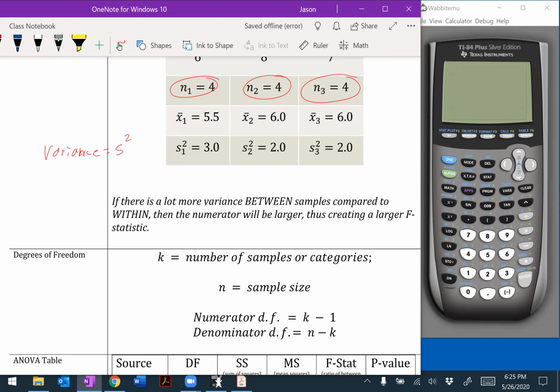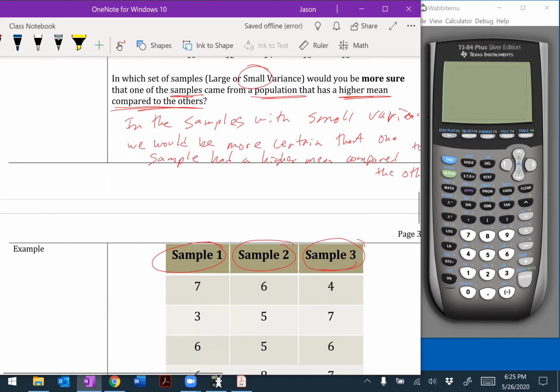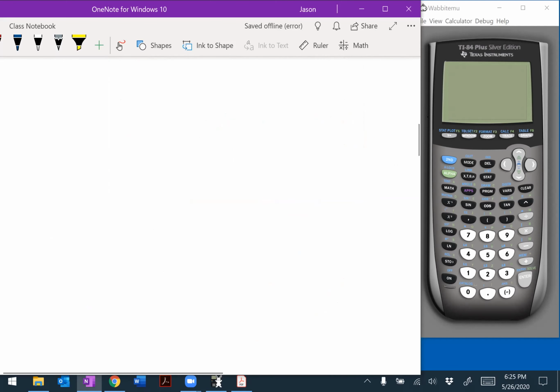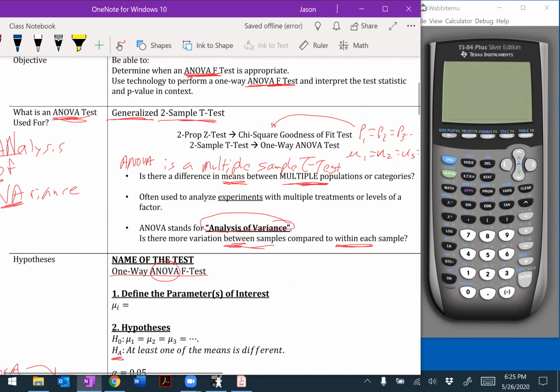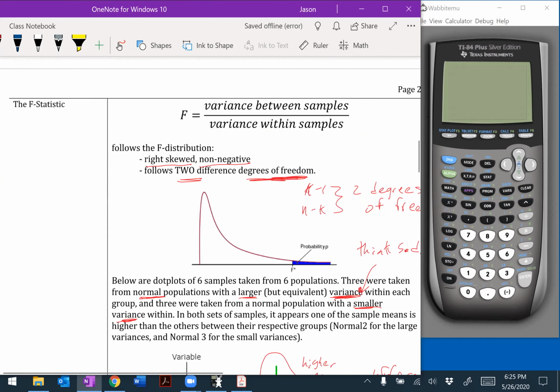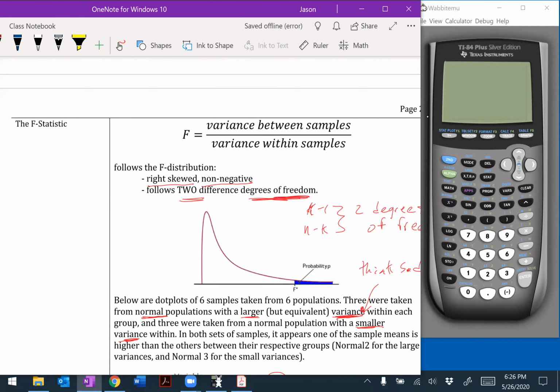Okay. Let's talk about if there's a lot more variance between samples compared to within, then the numerator will be larger, thus creating a larger F statistic. So going back to the formula, they're saying if there's more variance between samples, this is very large, and this is very small.